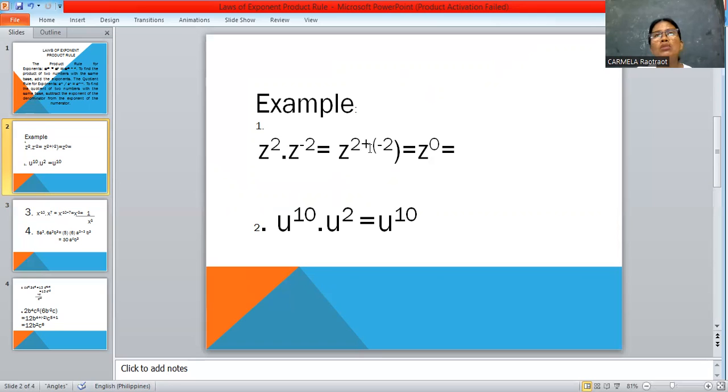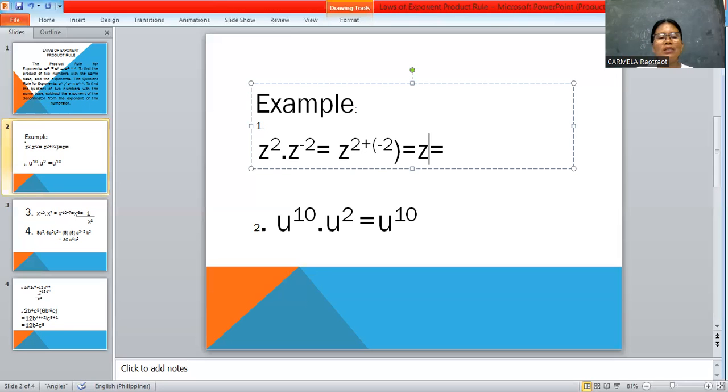So you are going to add the exponents. Okay, z raised to the power of 2 plus negative 2, that is equal to 0. z raised to the power of 0. Okay, again, any number raised by 0 is equal to 1. Even a million, if it is raised by 0, that is equal to 1.